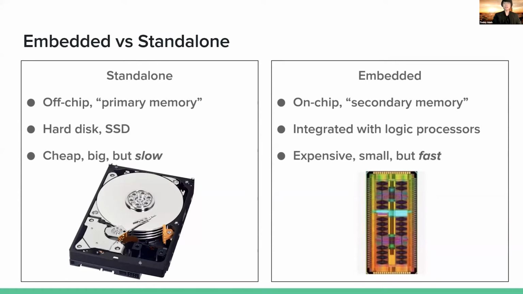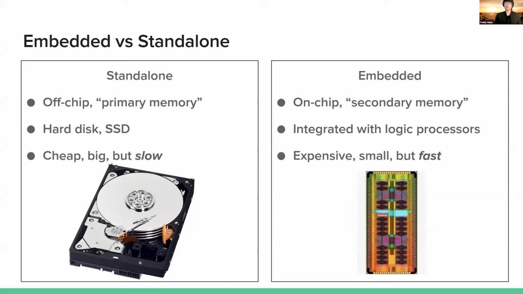And that's not necessarily due to their own device characteristics, but also they have to interact with your processor units, and that interconnect protocol takes time as well. So you have to go to embedded memory, which is more on chip.